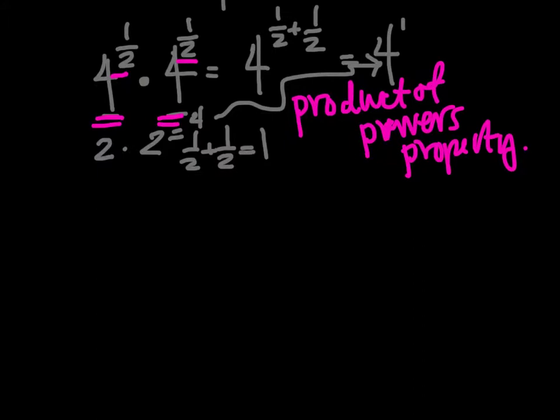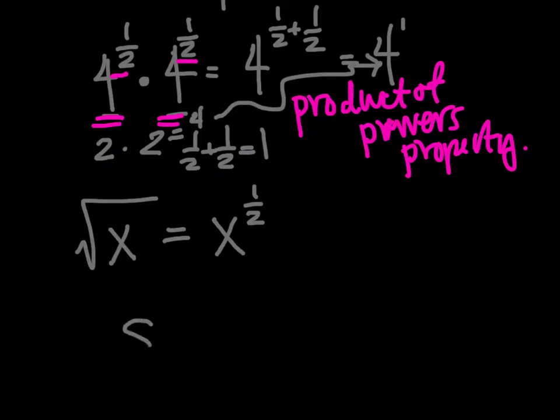Let's now think of other ways that we can describe fractional exponents. As of right now, let's synthesize this. We have the square root of x is equal to saying x to the 1/2 power. Let's see if that applies to other things. If we had the number 8, we know 8 is equal to 2 times 2 times 2.